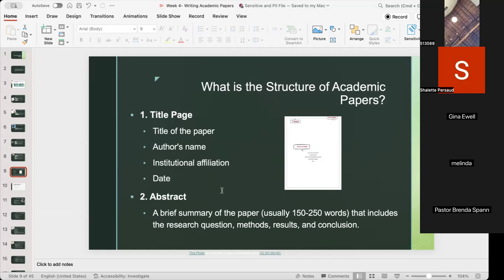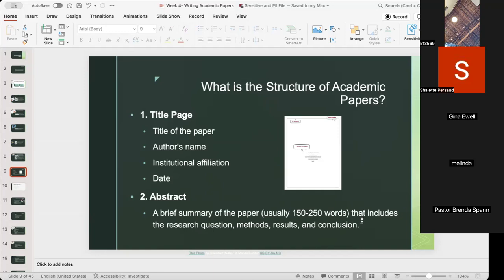And then on a separate page, the abstract, which you guys know a little bit about now since we talked about it last week and you were asked to work on an abstract for this week as well. So an abstract basically is a summary, and like it says here, 150 to 250 words. It can be somewhere in between. It could be a little shorter or a little longer as well.